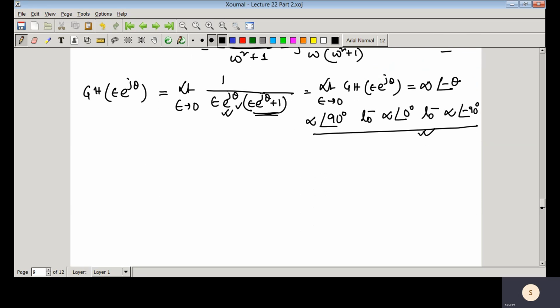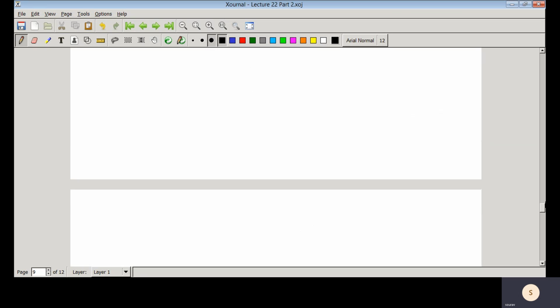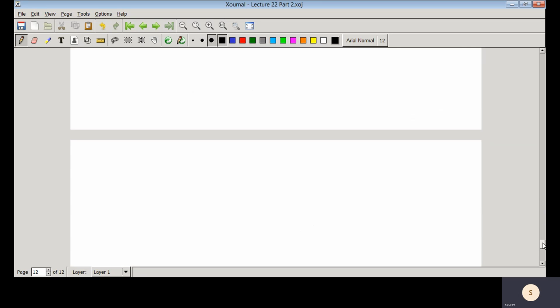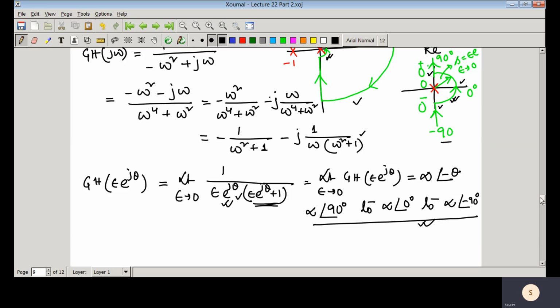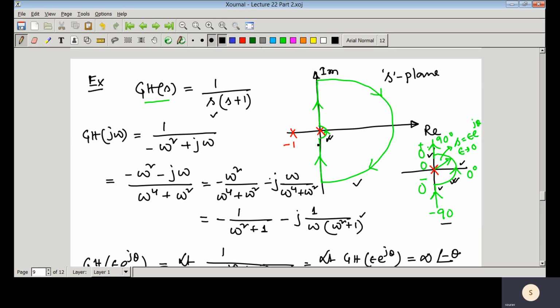And then let us see what happens. If you look at this Nyquist contour, you are here, then you are here, then you keep on increasing that value and you are traversing through that Nyquist contour, then finally you will come to that point, that is j infinity.